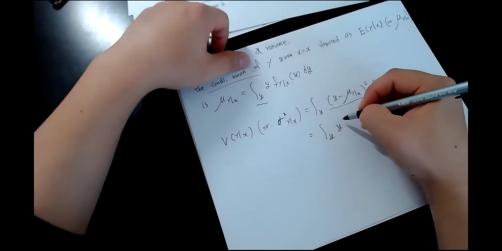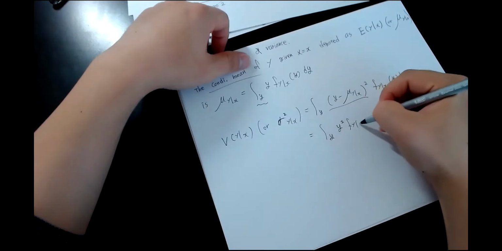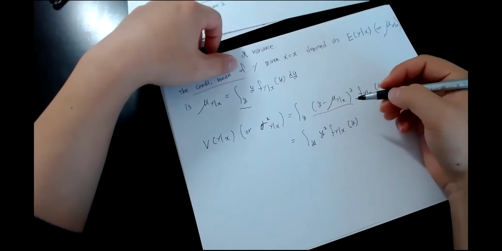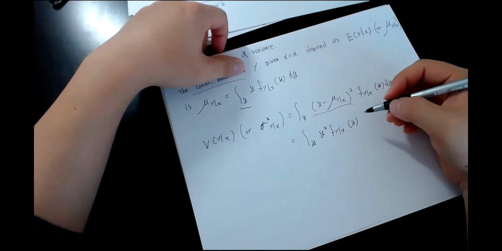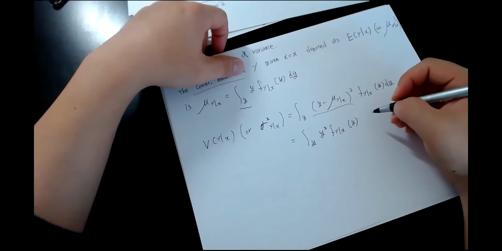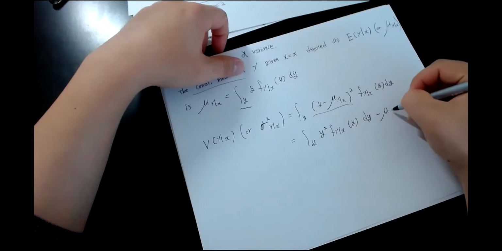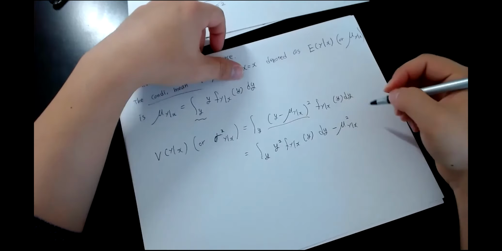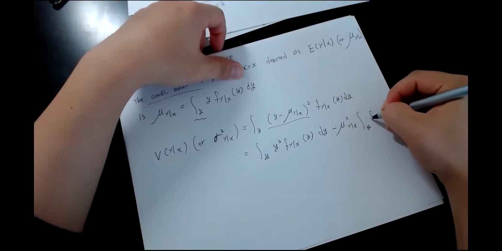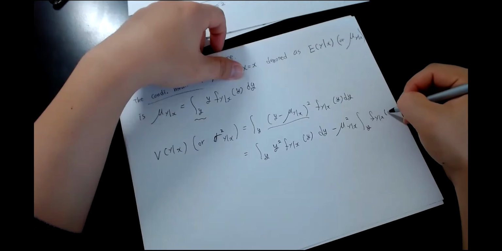And then we got the integral of y squared f y given x of y dy minus mu y given x squared times the integral of f y given x of y dy.